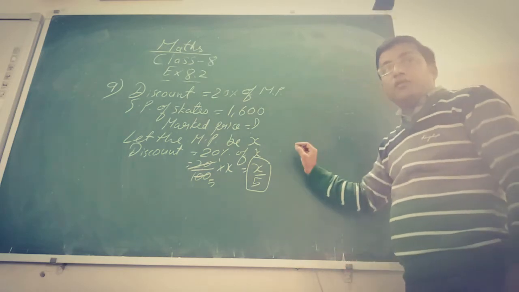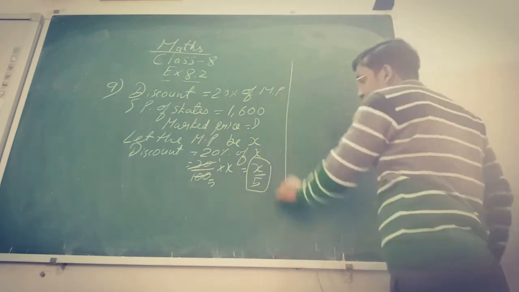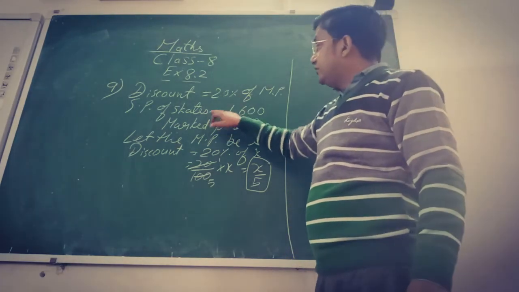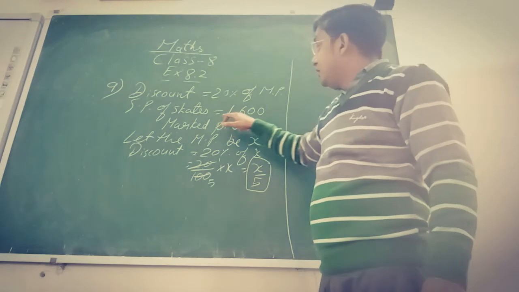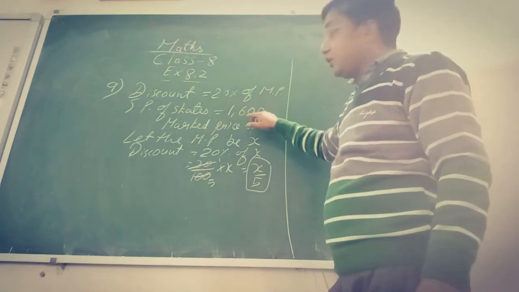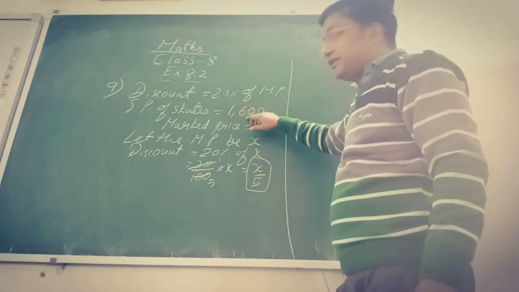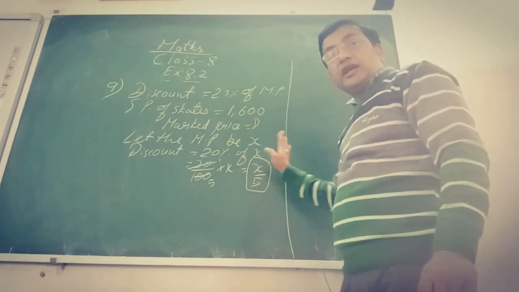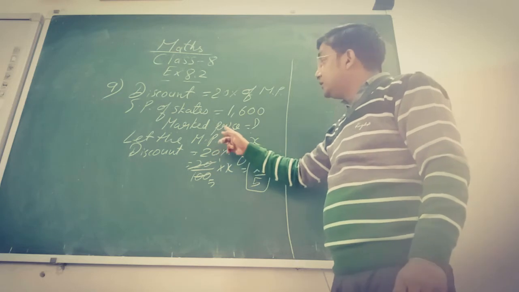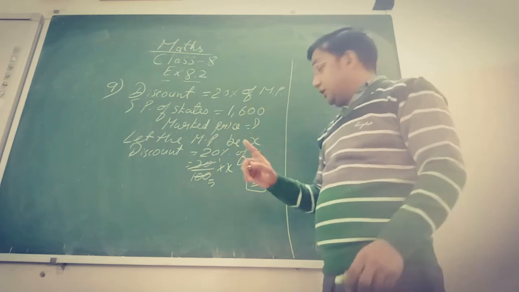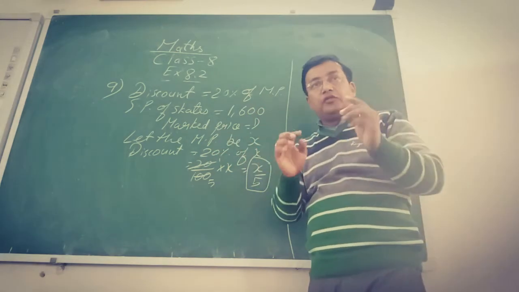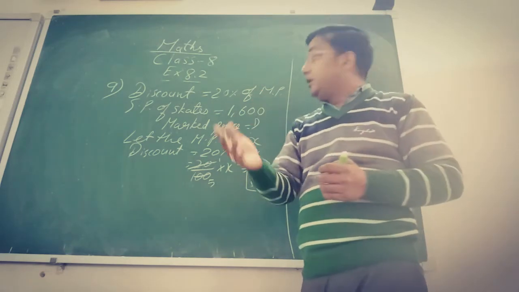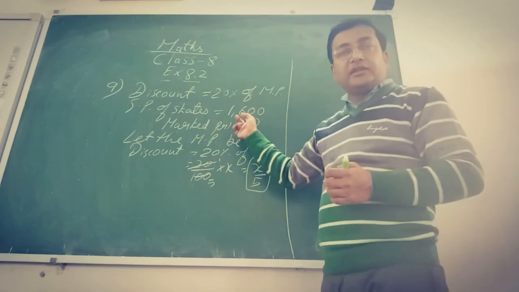To find an unknown value, we need an equation. We know that the selling price, 1600, is what you will get when this discount is subtracted from the mark price. The printed amount minus the discount gives the amount which we have to pay, and that amount will be 1600.